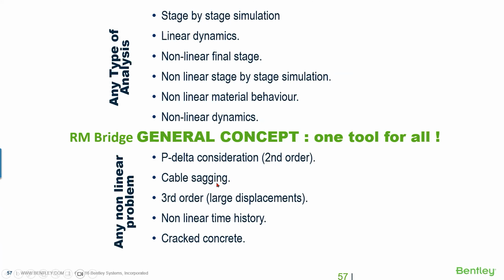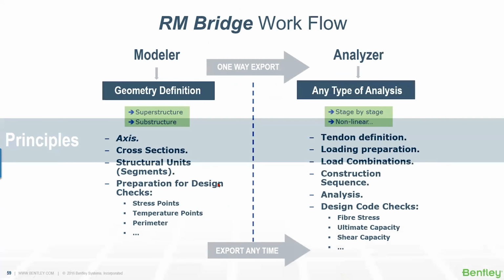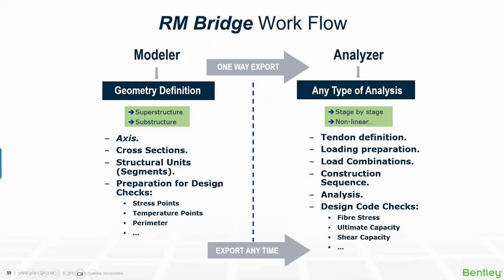The principle of OpenBridge, and that's why making an interface with OBM was not so difficult, is that from the start in OpenBridge, we had this notion of a double model. One, what we call a geometrical model, and another one we call the analytical model.